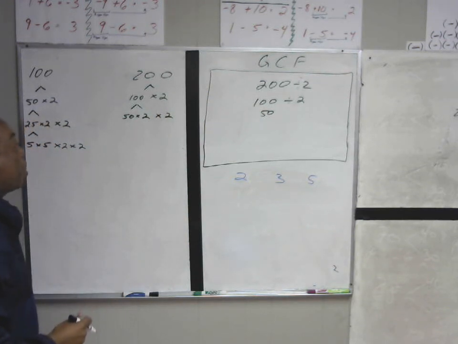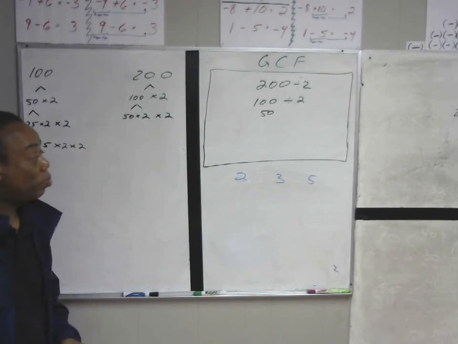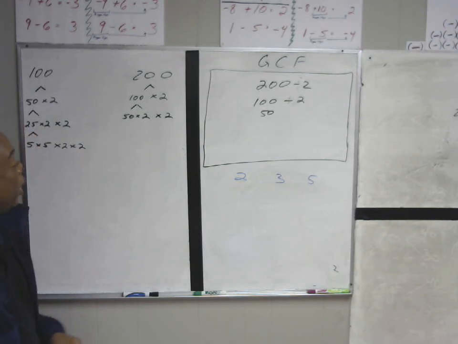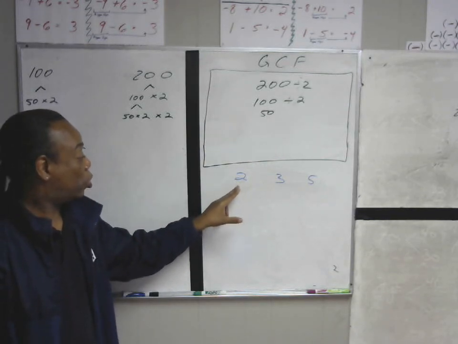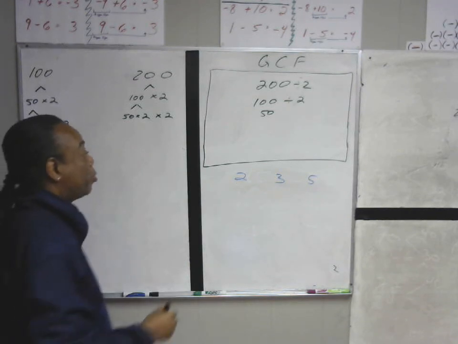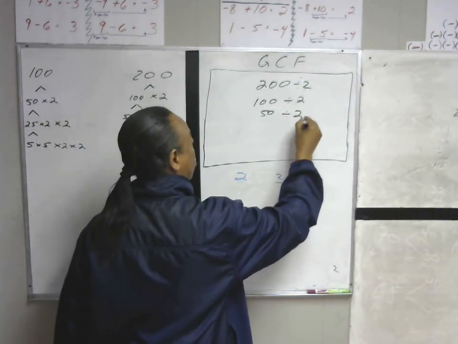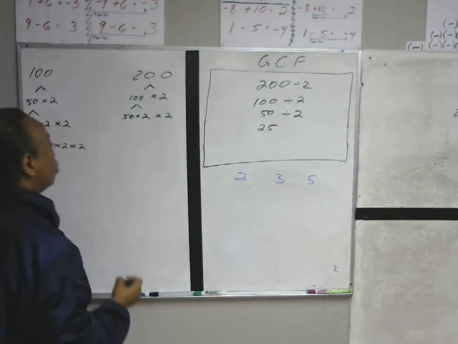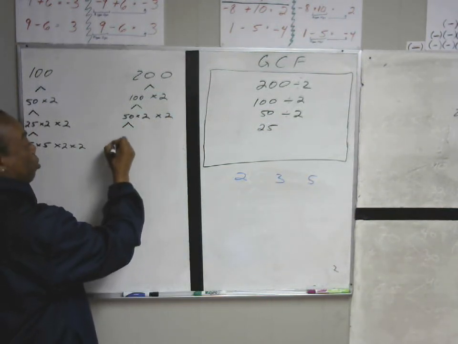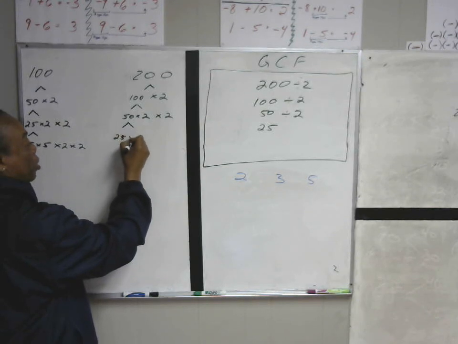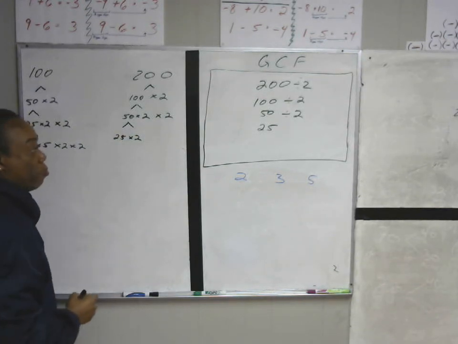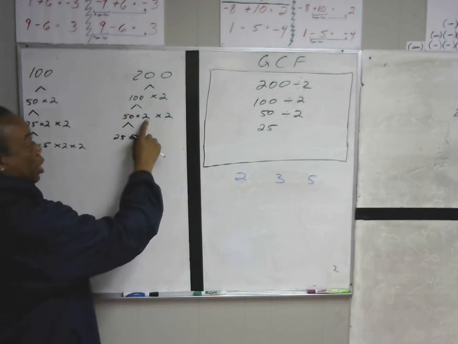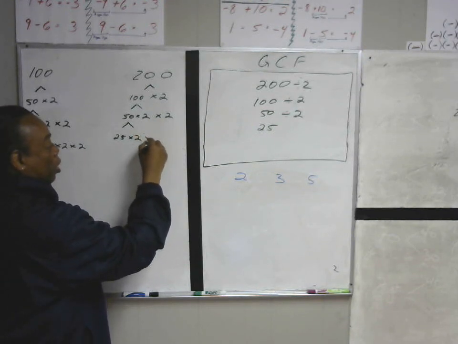So 200 now becomes 50 times 2 times 2. 50 ends in 0, so it still can be divided by 2. If we divide that by 2, we'll get 25. So 50 breaks into 25 times 2. Now we bring down this 2 and this 2.